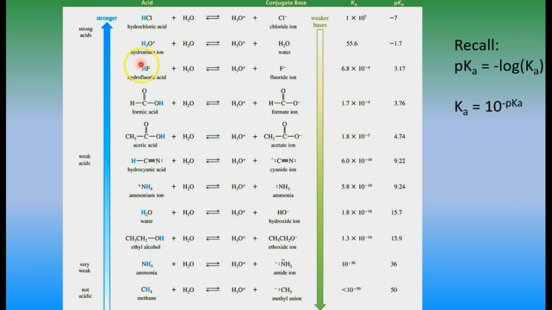So here we see a bunch of acids, and here's formic acid, which we just saw on the previous slide. We don't have methanol, but we have ethanol down here, ethyl alcohol, and so it can behave as an acid, but so can formic. And if this behaves as an acid, its conjugate base will be ethoxide.